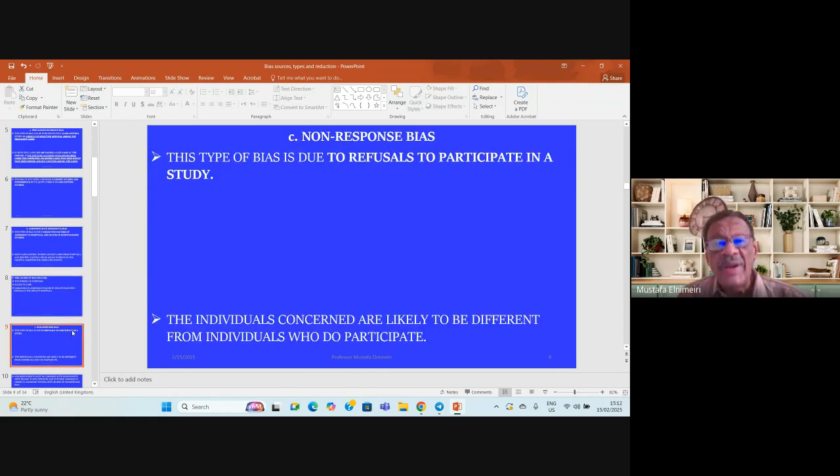Also, we have non-response bias, and this is due to non-response from some of the participants in the study, and the individuals concerned are likely to be different from those who participated.